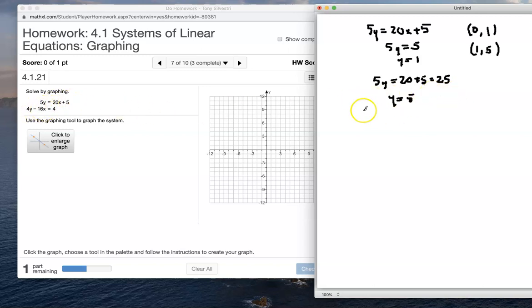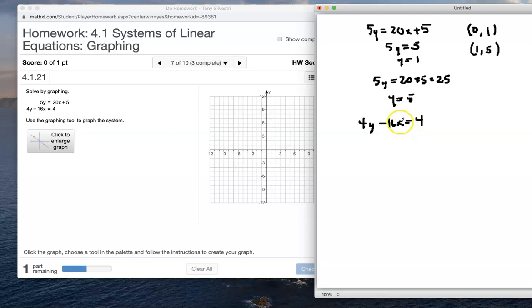Now over here, what do we do? Well, first we copy this. And what I'm going to do is say, if x is 0, what's y? And if y is 0, what's x?